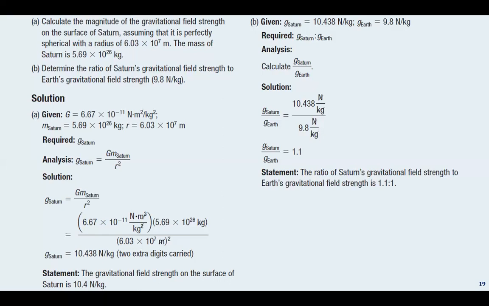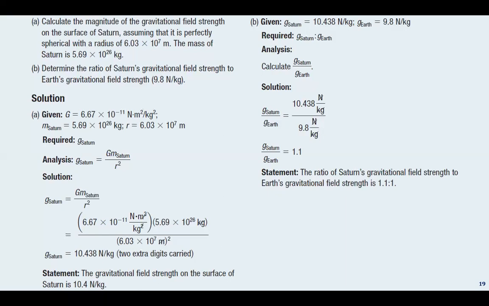Okay. So in question B, the ratio of Saturn's gravitational field strength is 10.438. You have just calculated that, right? And use this number to divide.